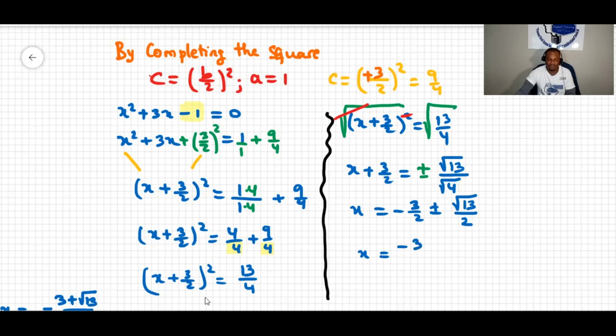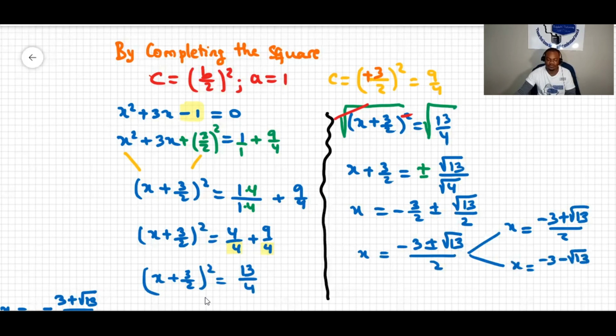So we have negative 3 plus or minus root 13 over 2. We generate two solutions: one with the positive, negative 3 plus root 13 over 2, and the other, negative 3 minus root 13 over 2. Okay, thank you.